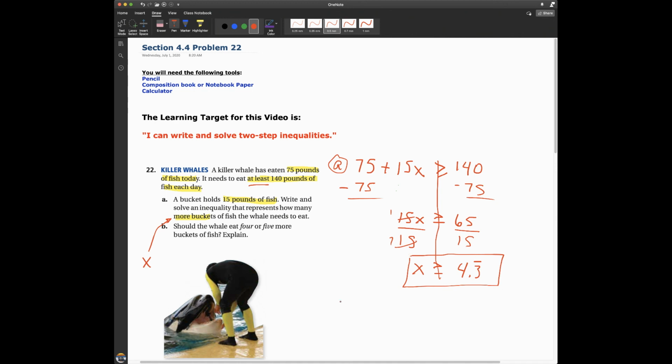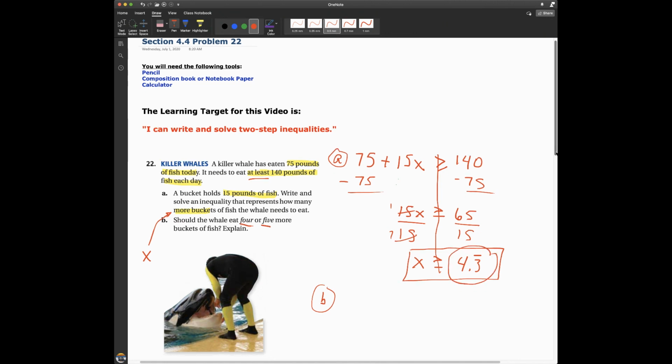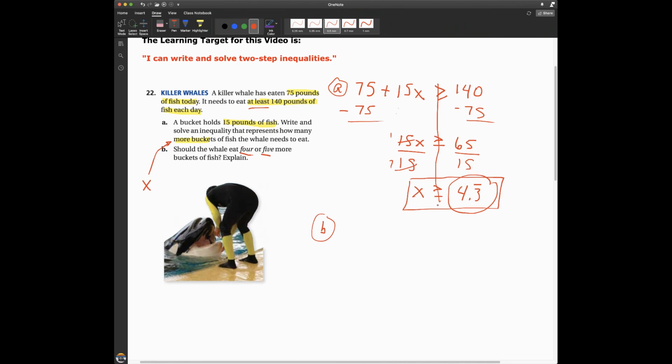For part B, it says, should the whale eat 4 or 5 more buckets? I need to look at this answer and make sense of it. If the whale only eats 4 more buckets, well, 4 is not greater than or equal to 4.3, so 4 buckets is not going to work.